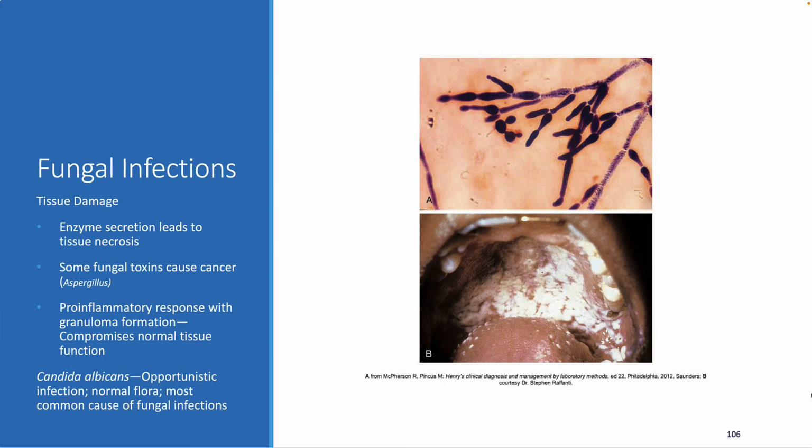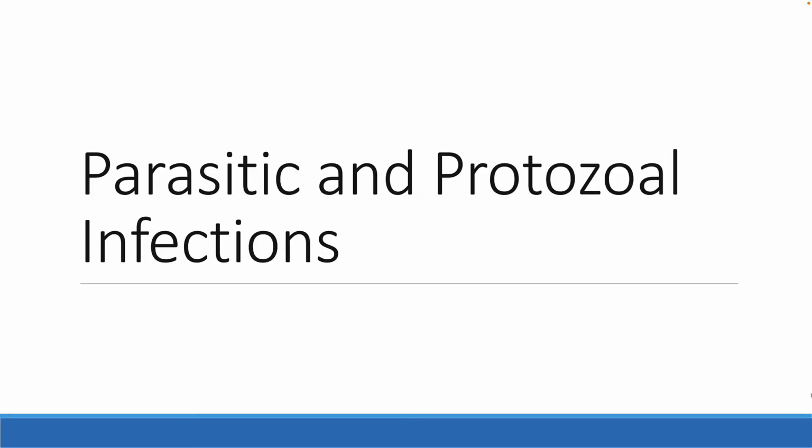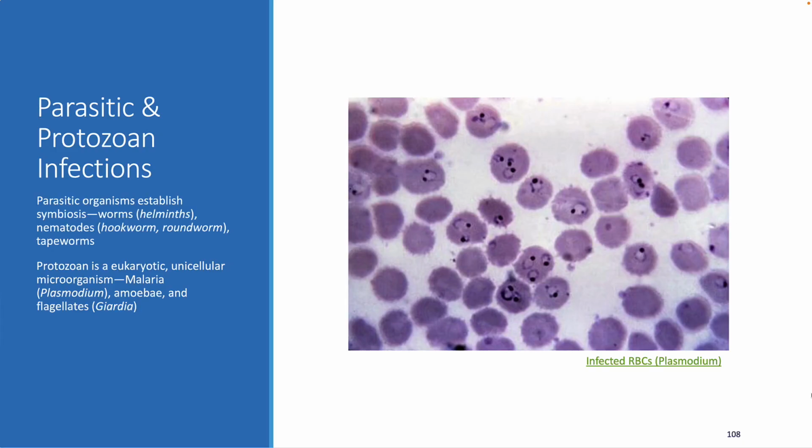There are parasitic and protozoal infections. Parasitic organisms like to establish symbiosis. So they only do well when we do well, right? So these worm infections happen often in the gut, and they use the food that is ingested by the human organism, and so we share that food supply.